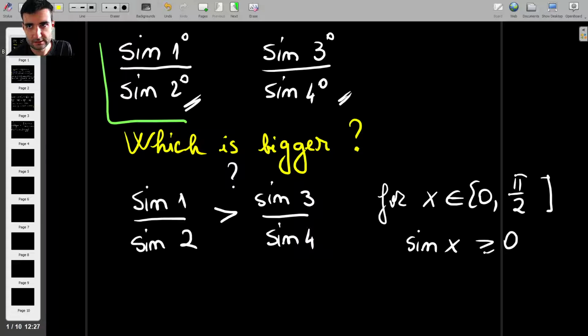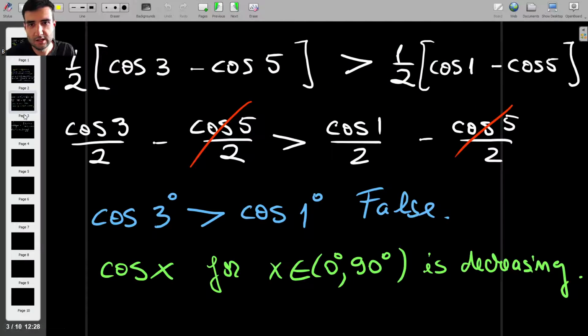So the correct direction of the inequality is this: sine of 3 degrees over sine of 4 degrees is greater than what we have on the left-hand side. And you can actually check this with the calculator. I think this one is going to be somewhere around 0.5, whereas this one is going to be somewhere around 0.75. But if you want to prove this mathematically using trigonometry, this is how I would do it. And that's the end of the question.